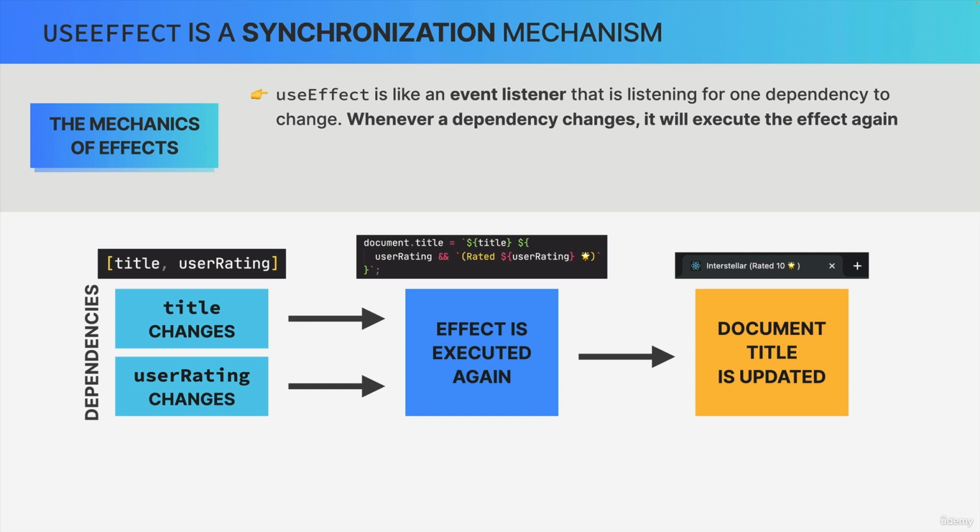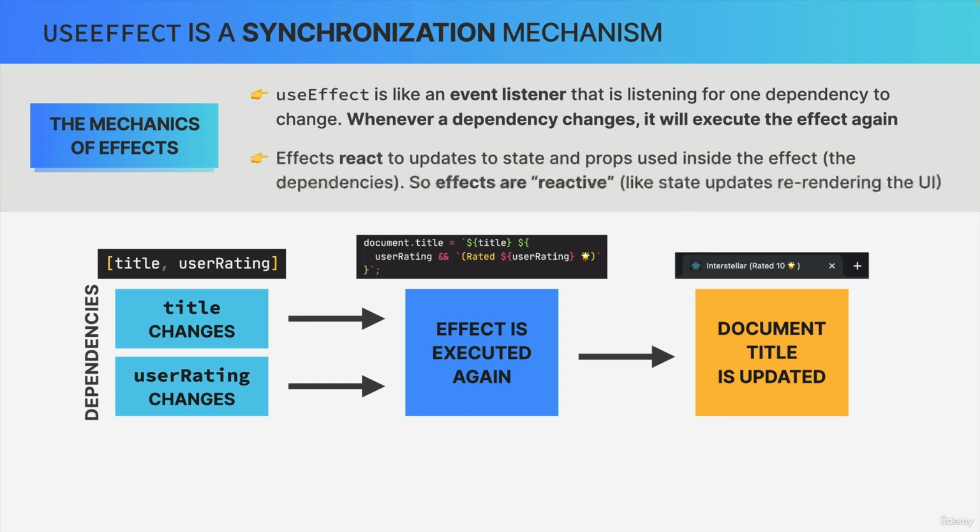So essentially, effects react to updates to state and props that are used inside the effect, because again, those are the effect's dependencies. So in a way, effects are reactive, just like React reacts to state updates by re-rendering the UI. And this is extremely useful and powerful, as we will see throughout the rest of the course.